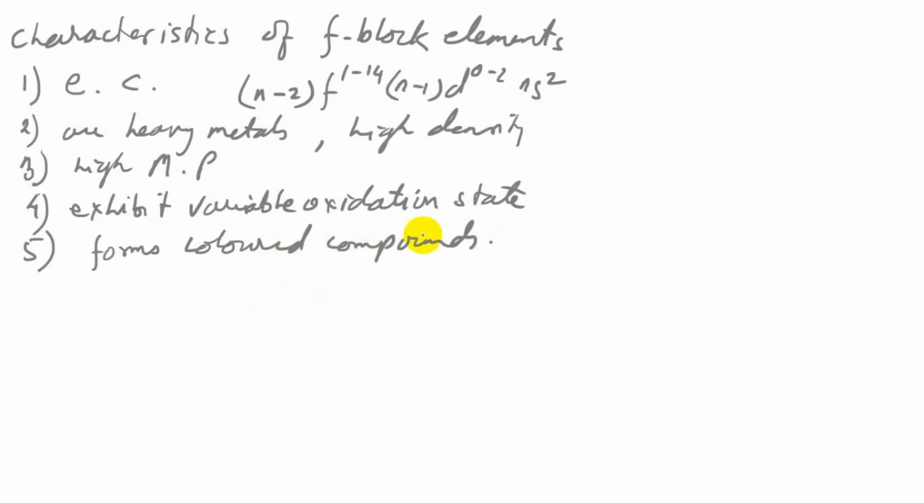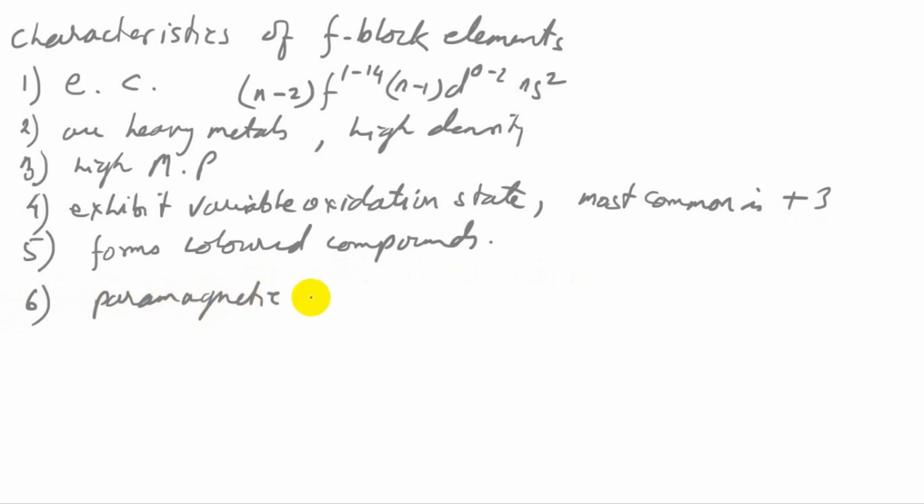Clear? Exhibits variable, but if I take here, then the most common oxidation state, they can show many, but the most common among all of them is +3. These are also paramagnetic in nature. That means contains unpaired electrons.